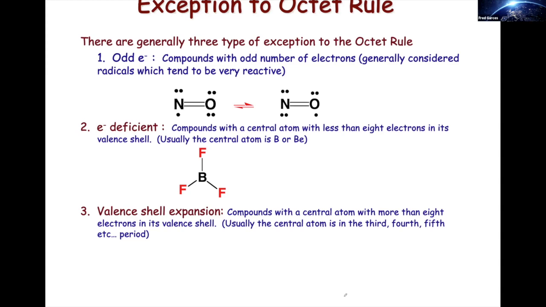Valence shell expansion, that's when you have elements in the 3rd period or lower, because now they can use their d orbitals. Phosphorus pentafluoride. Notice that there are 2, 4, 6, 8, 10 electrons in the valence shell of phosphorus. It's an exception to the octet rule.